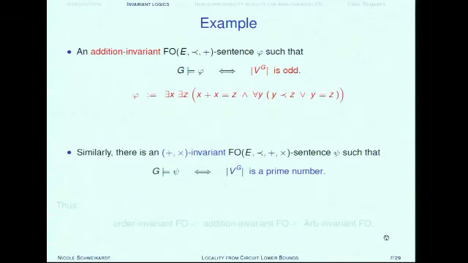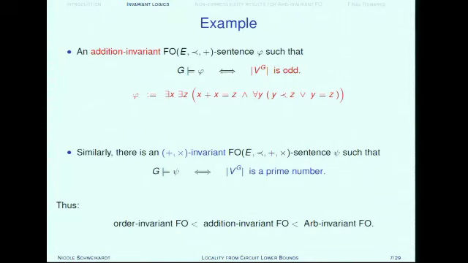And if you use addition and multiplication, then you can in a similar way express that the size of the universe is a prime number, also in a way that doesn't even use the edge relation of your graph. And in this way we obtain that, well, what do we see? Addition and multiplication invariant first order logic is strictly more expressive than just addition invariant first order logic.